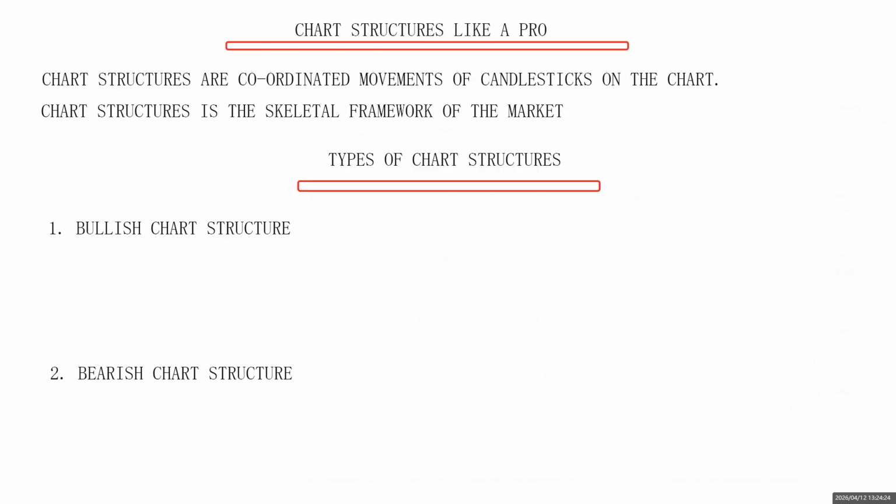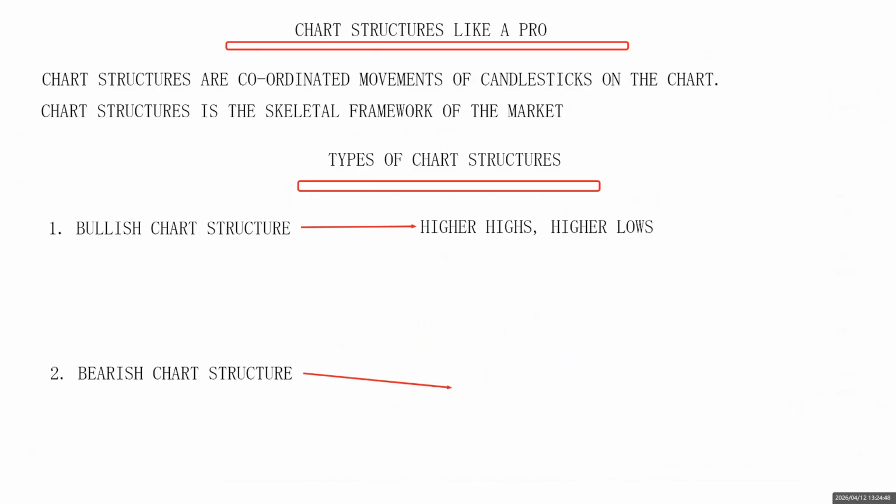chart structure. Okay, so it's important to note that the bullish chart structure entails clear coordinations of higher highs and higher lows. Okay, so this bullish chart structure entails clear coordination of what? Of higher highs and higher lows. Okay, these are the bullish coordinations, right?